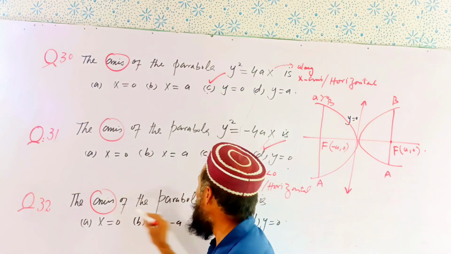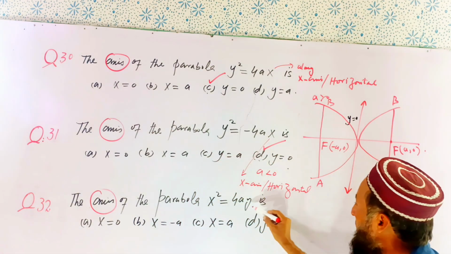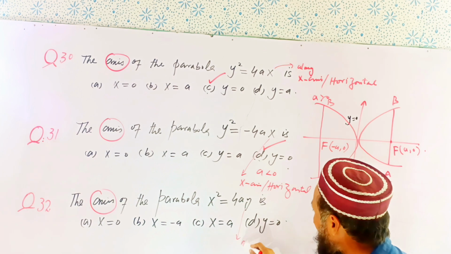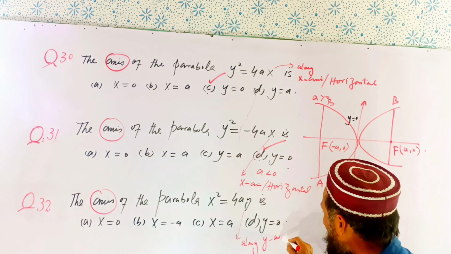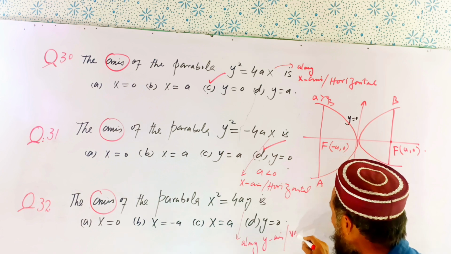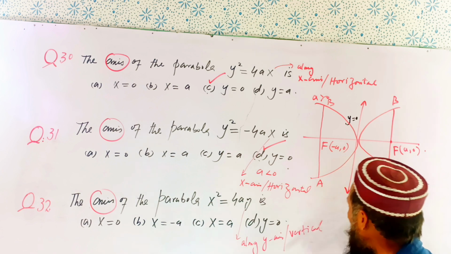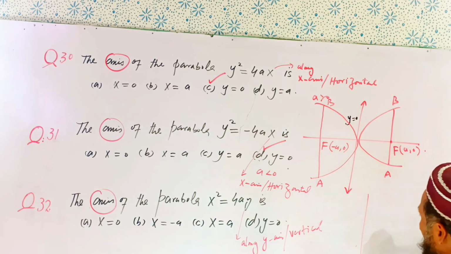The axis of the parabola, look here, is along the y-axis. Along the y-axis means a vertical parabola.